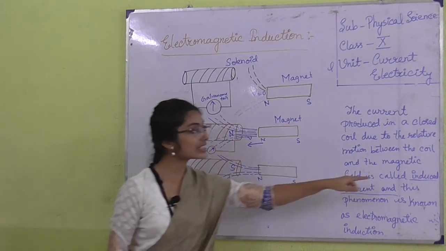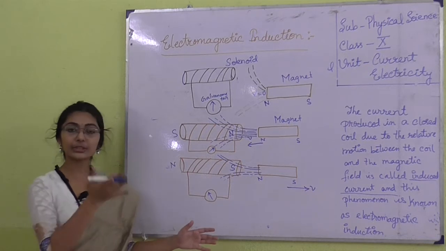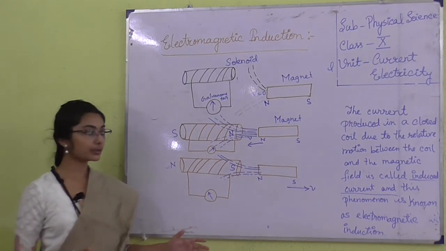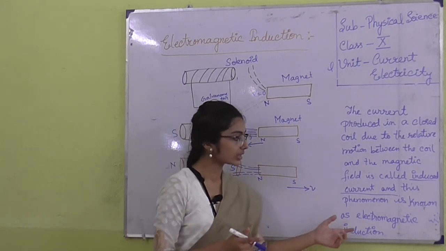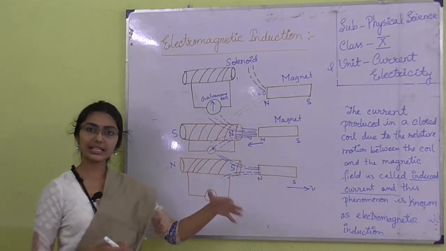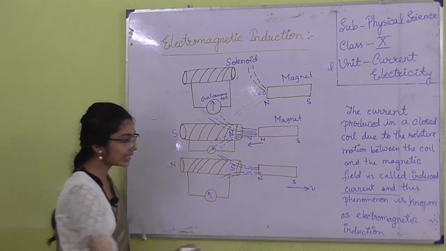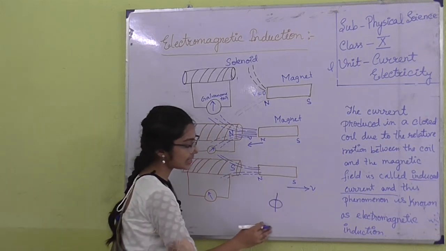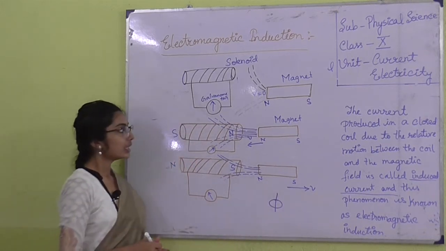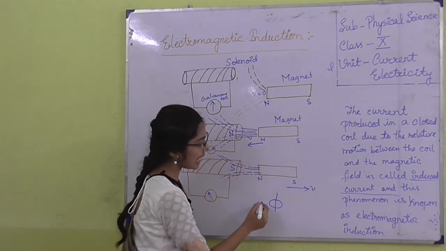So this is always induced current, and whenever there is current, there is some electromotive force, and this phenomenon is known as electromagnetic induction. Electromagnetic induction is denoted mathematically by the symbol phi, which is actually magnetic flux.